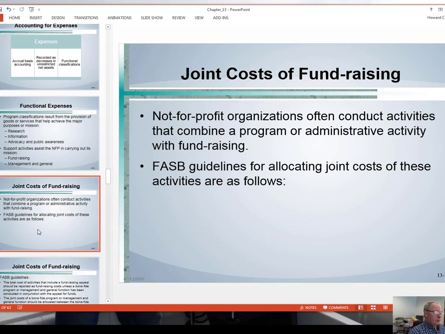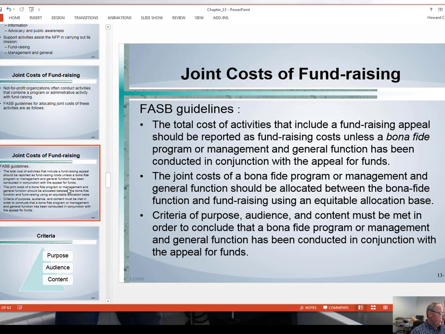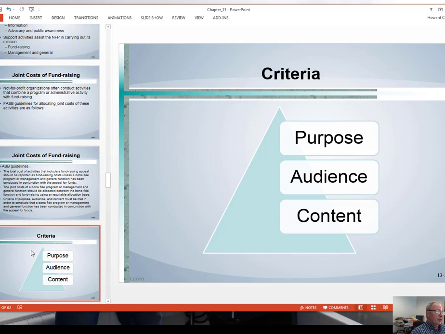When you do fundraising costs, sometimes you have an event that's partly programmatic. Like breast cancer awareness, they'll do community events where they offer free screening, and concurrent with that activity, oftentimes they'll also have information about the organization and encourage financial contributions. When you have those, you've got a joint cost, because part of it's fundraising and part of it's programmatic, and there are specific rules about whether you can recognize any of that as programmatic. There has to be a purpose, audience and content criteria that has to be met.